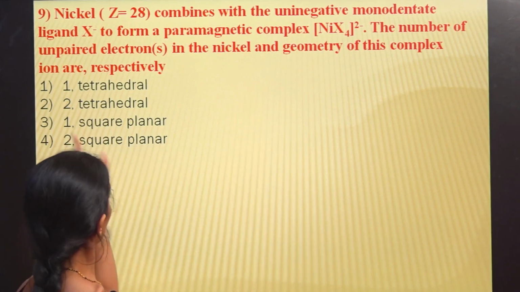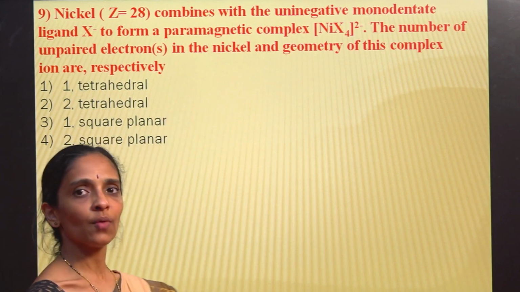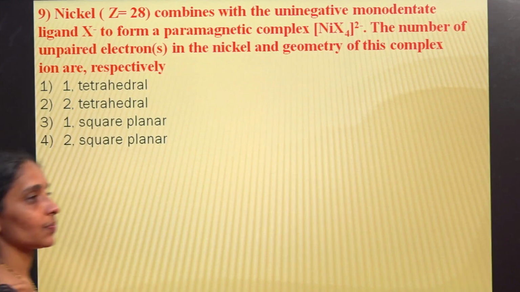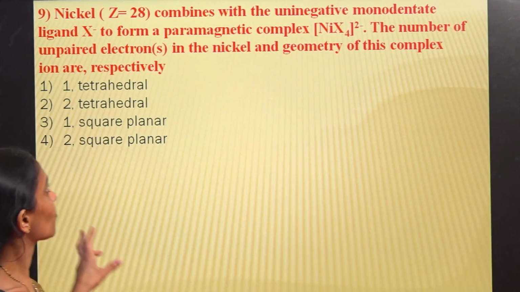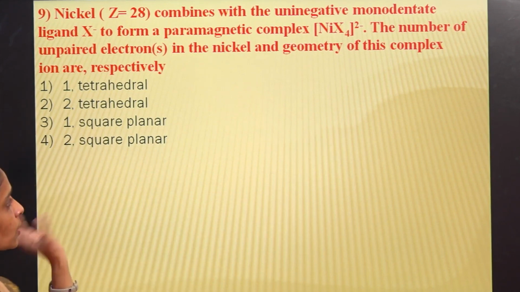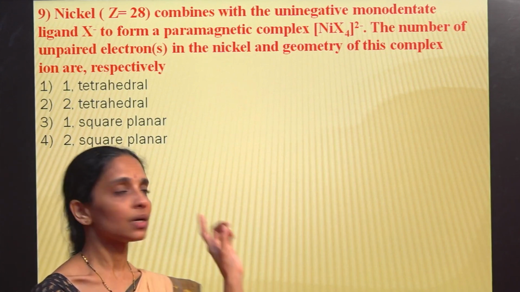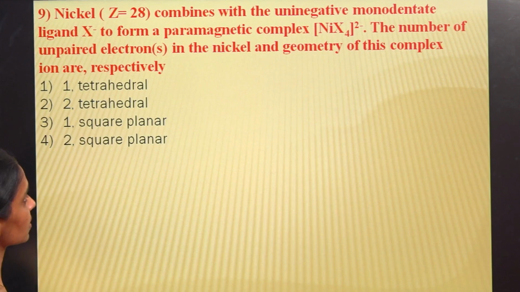The question is to find out the unpaired electron number and the shape of complex. So how to do it? Which approach shall we follow? It's better to follow VBT, okay? Unless it is mentioned, we follow valence bond theory for solving such questions.